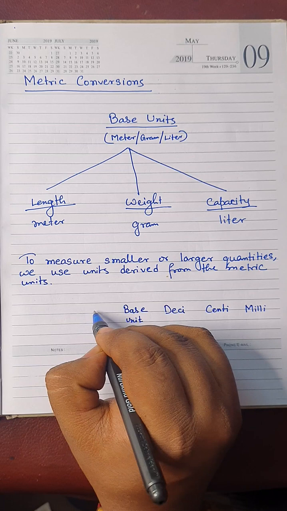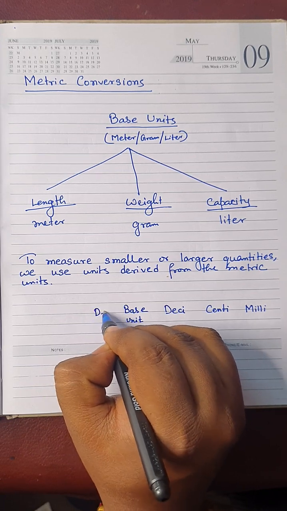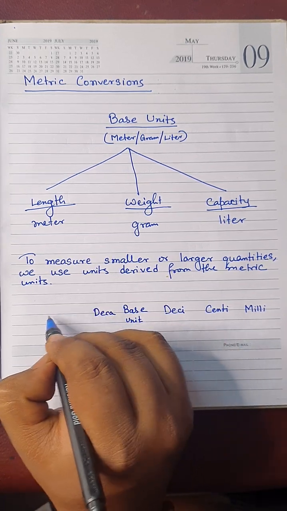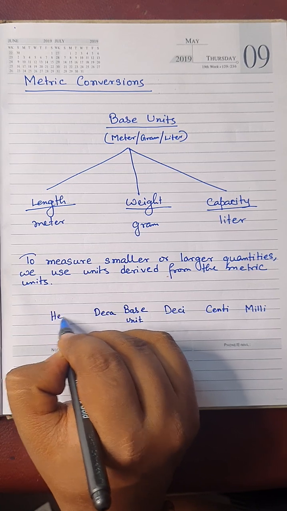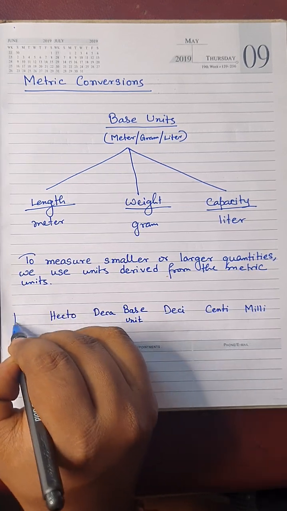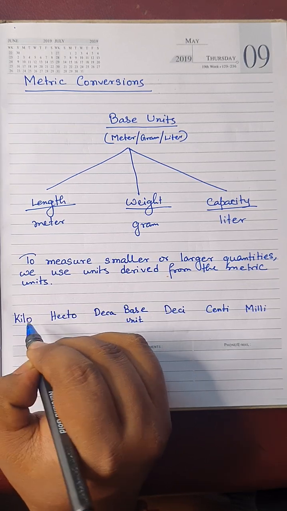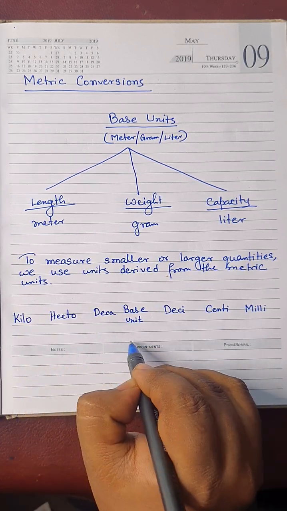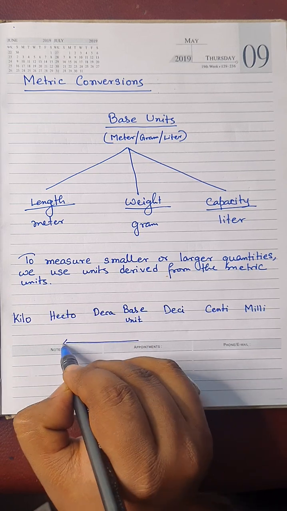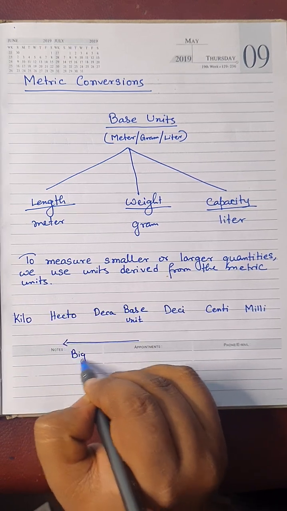The bigger units are deca, hecto, and kilo.